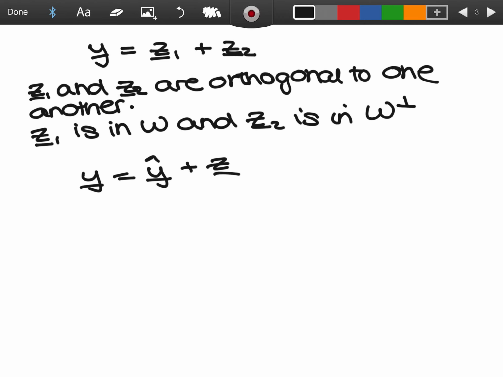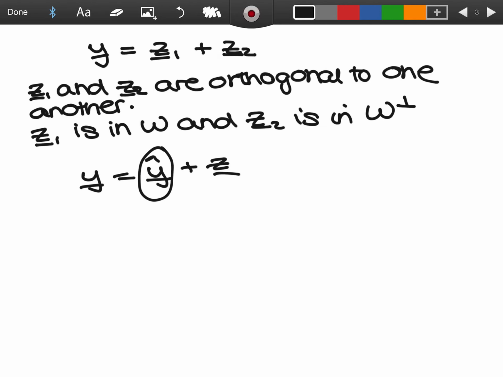Now, you can again prove this. I think they have actually done a proof in the textbook for this, but it follows exactly the same as when we did the proof in 6.2. You can write Y hat as this sum of C1 U1 plus C2 U2 through to CP UP. When we did that in 6.2, it was just written as C times U, and we went ahead and found the coefficient for U. This is done very much the same.